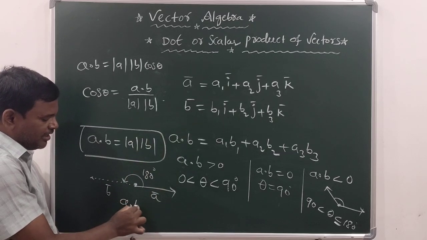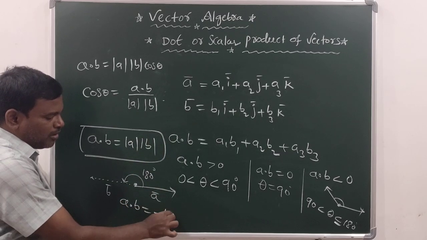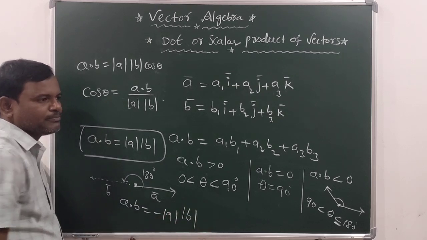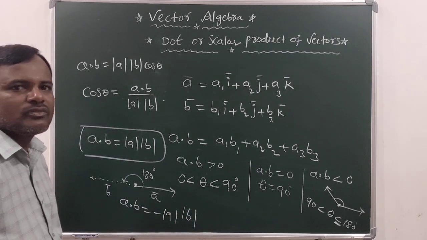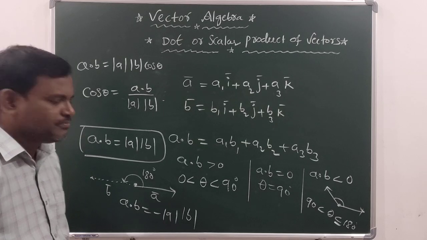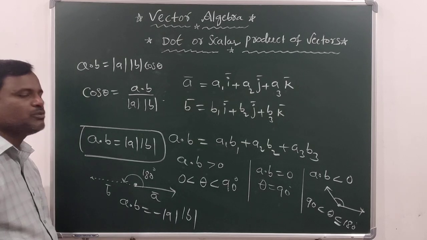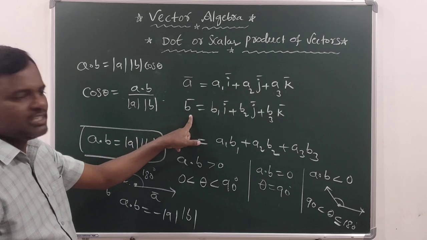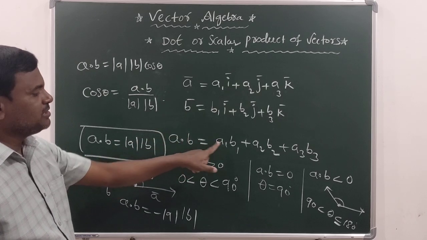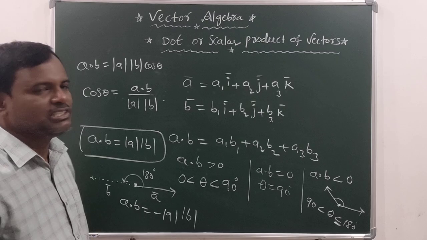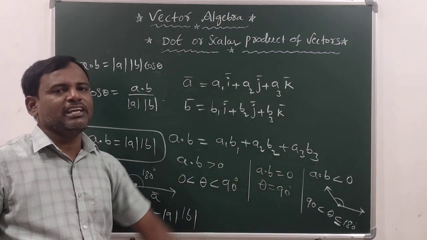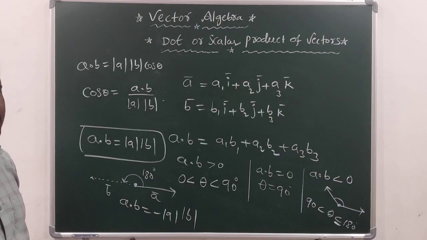Hence A dot B equal to minus of mod A mod B. Okay students, I hope you have understood this. A and B, two vectors are given like this, then A dot B means A1 B1 plus A2 B2 plus A3 B3 you will get.